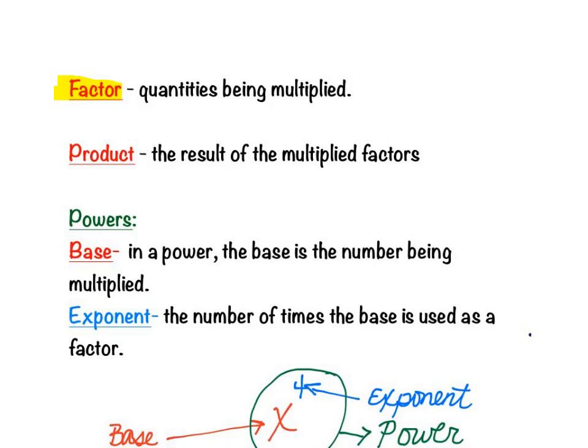For example, in the expression 2m, 2 is a factor and m is a factor, because they are being multiplied. The term product. Product is the result of the multiplied factors. For example, 2 times 3 equals 6. 6 is the product.